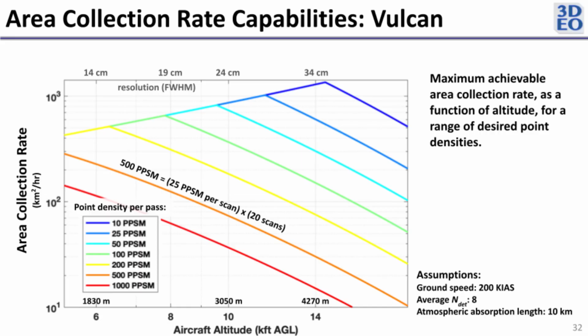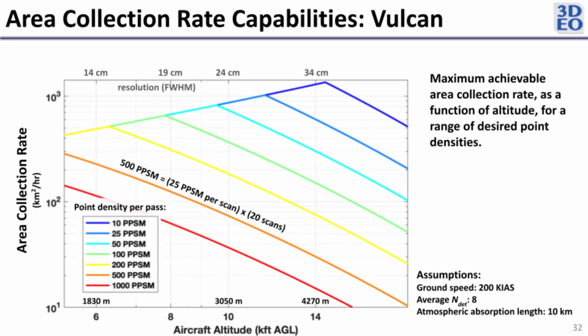So, you know, 1 point is good, thousands are better. Here's a plot to show you the area collection rate, square kilometers per hour, that we could get as a function of the aircraft altitude, because there are trade-offs that you want to make with altitude. Let's focus just on the green line for now. If on each pass I'm engineering my collection parameters so that I get about 100 points per square meter, maybe that's 25 points per square meter times 4 because I'm doing 4 scans, so a total of 100, then I'm on this green line here.